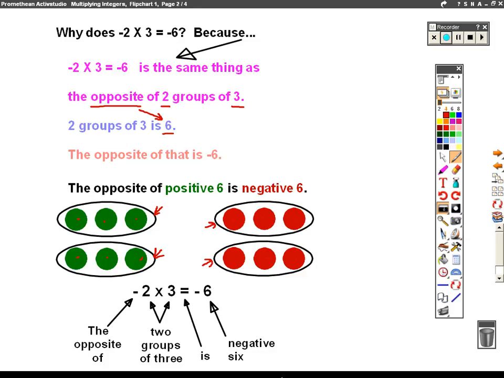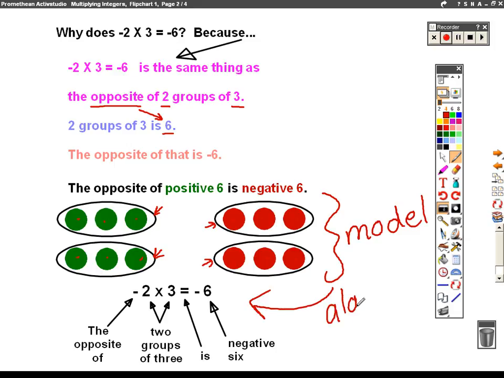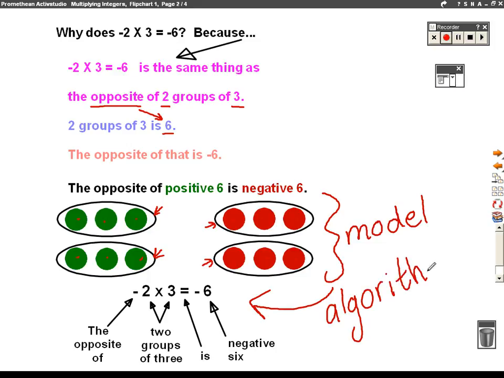So this is the model. And now we're going to look at the algorithm. The algorithm is what we work with the most. That's what we're most familiar with. So the opposite, that's what that negative means, the opposite of two groups of 3 is negative 6.